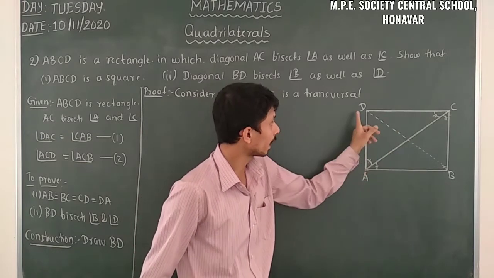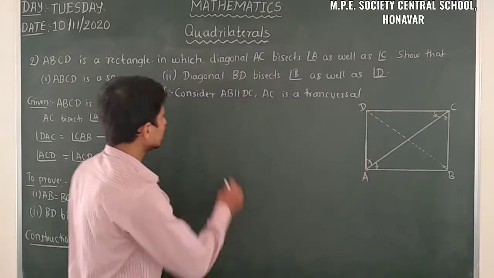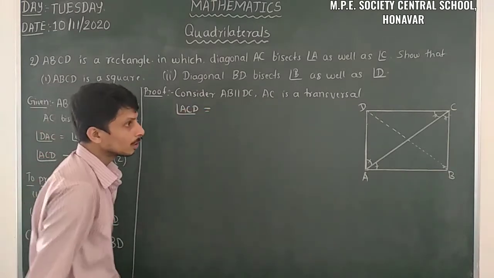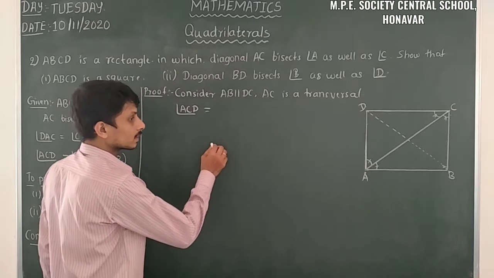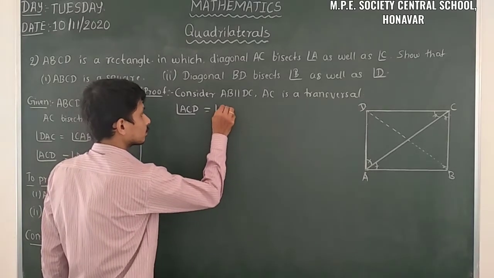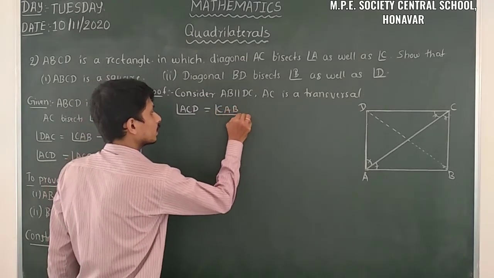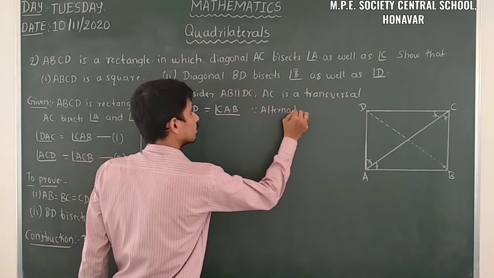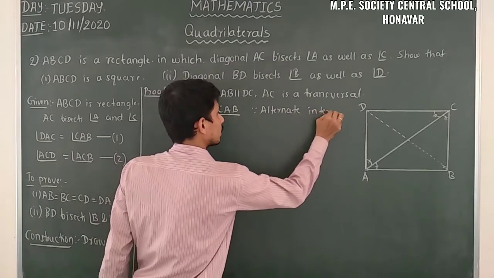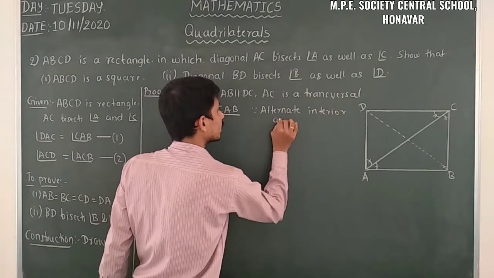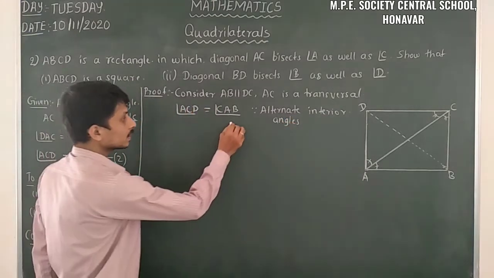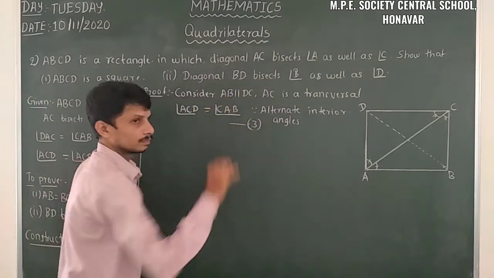What are those? Angle DCA or ACD. Angle ACD is equal to angle CAB because alternate interior angles. I will consider this as equation number 3 here.